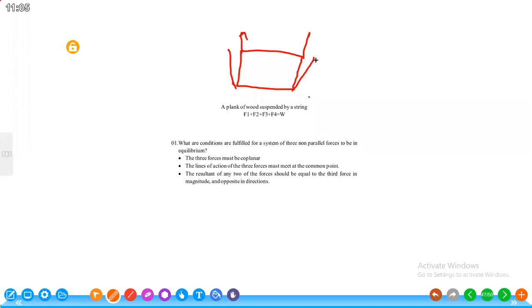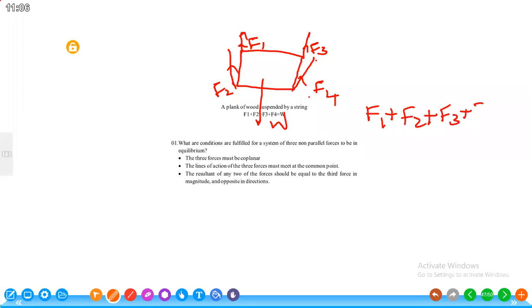A system in equilibrium under four or five forces. This is F1, F2, F3, F4. So F1 plus F2 plus F3 plus F4 is equal to W, the weight of an object.